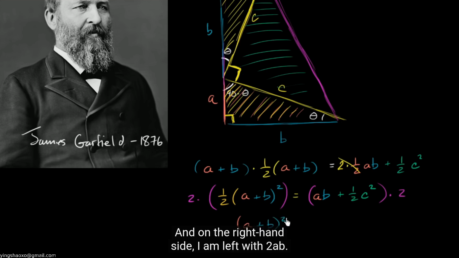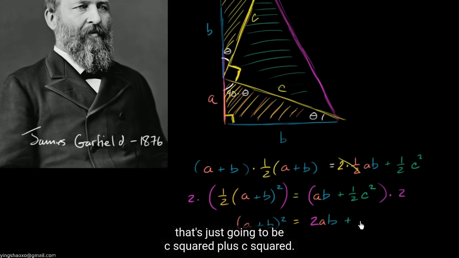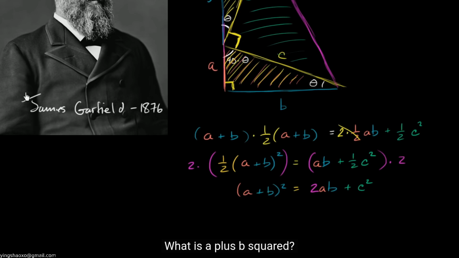And on the right-hand side, I am left with 2AB, trying to keep the color coding right. And then 2 times 1/2 C squared, that's just going to be C squared. Well, what happens if you multiply out A plus B times A plus B? What is A plus B squared?